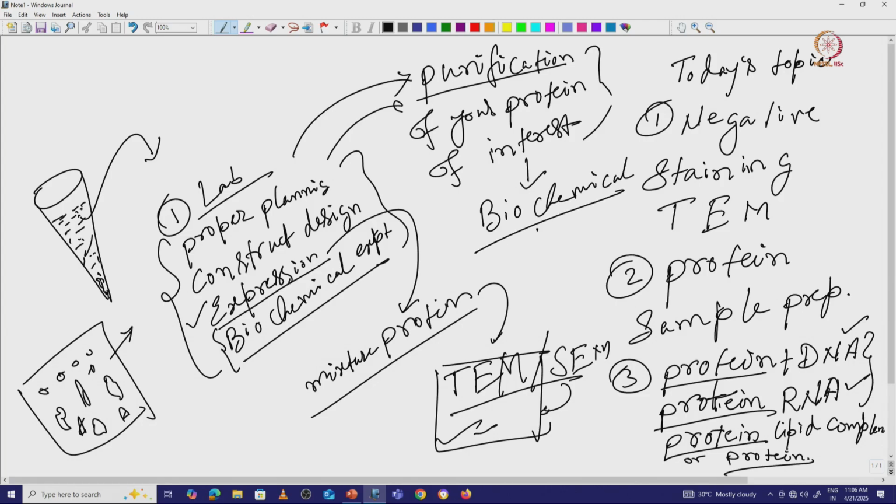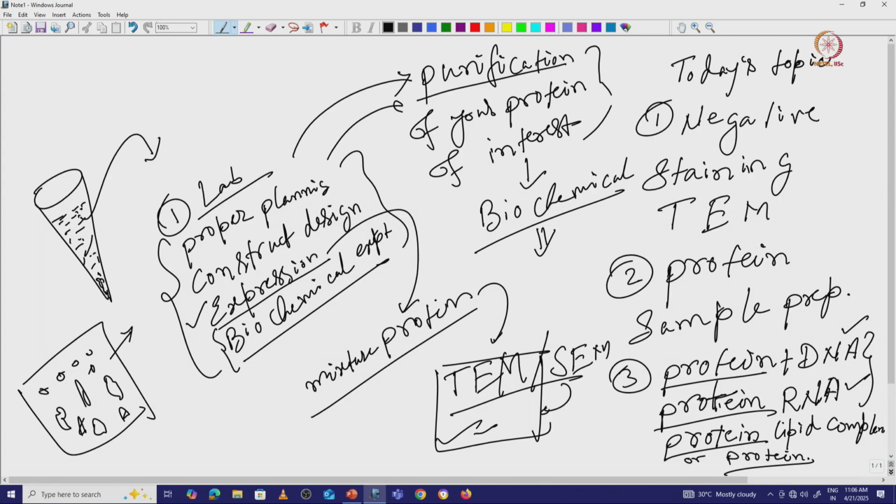Biochemical experiment means if your protein has some activity, for example if it is a metabolic enzyme, it will interact with some kind of ligand. So, first do those experiments: is it interacting with your ligand or not, is it giving you the product or not.